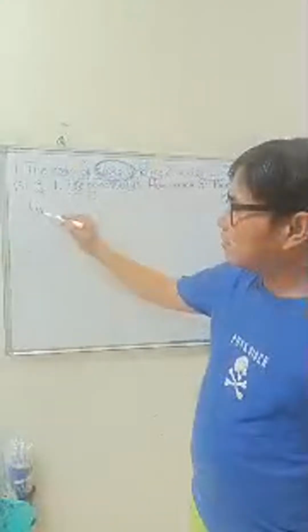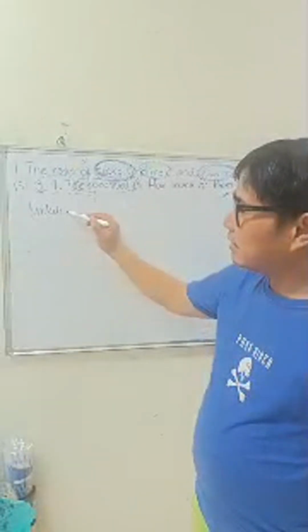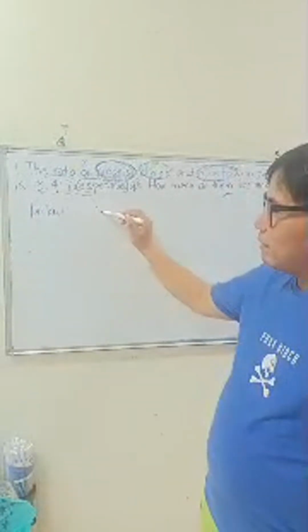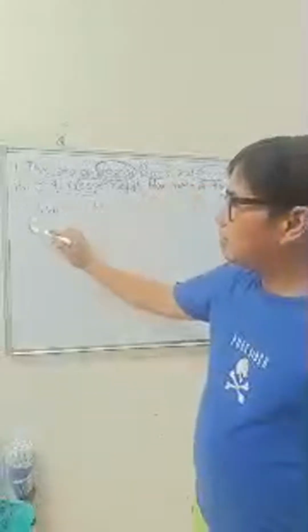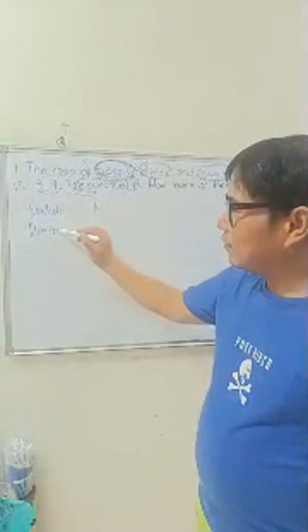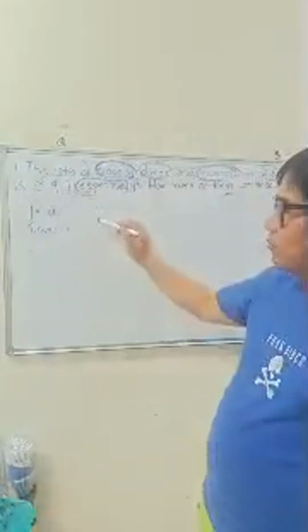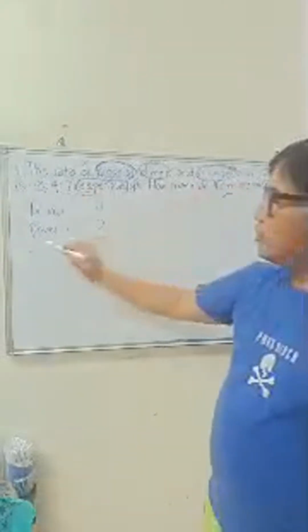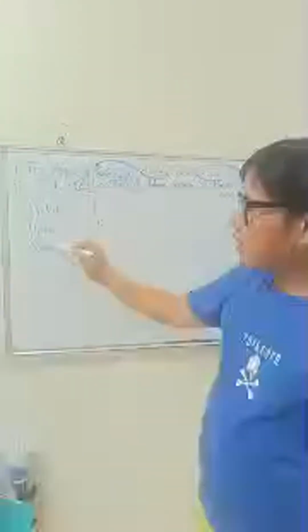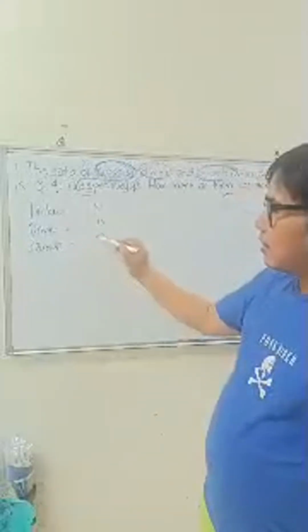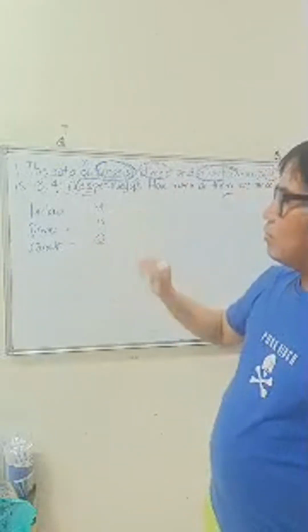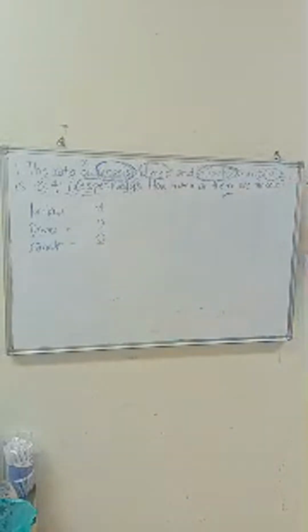The first letter is N, so I need to denote that with capital N. Dimes. The first letter is capital D, so I put D. Quarters. The first letter is Q, so I put capital Q. So NDQ. You get the point now?